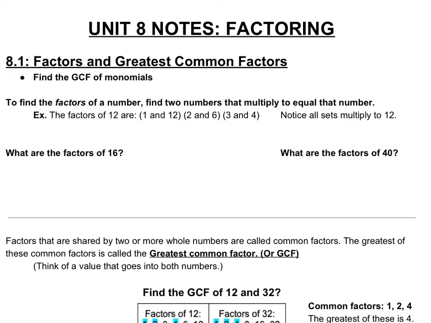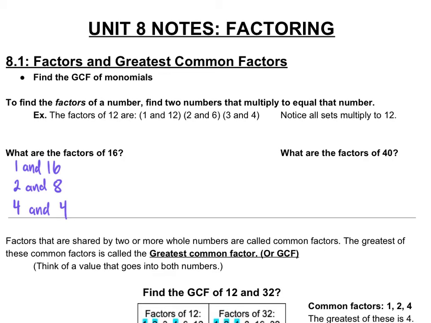So factors of 16, I could say 1 and 16. All right, let's try 2. 16 divided by 2 is 8. So I could say 2 and 8. Let's try 3. 3 doesn't go into 16, so 3 is not a factor. 4 is a factor. 16 divided by 4 is 4, so 4 and 4. 5 doesn't go into 16. 6 doesn't go into 16. 7 doesn't go into 16.